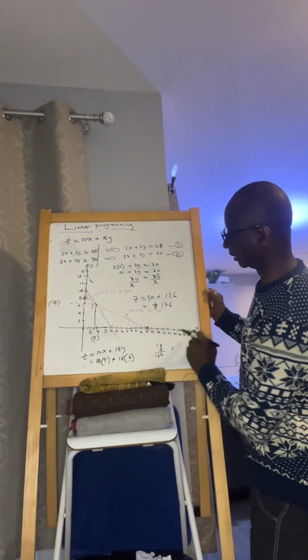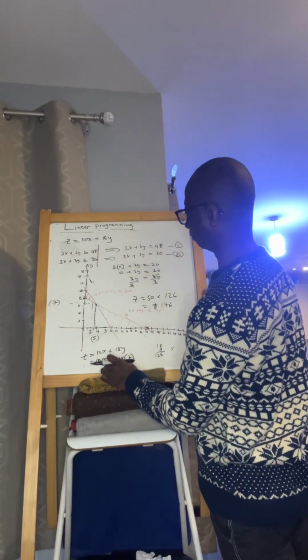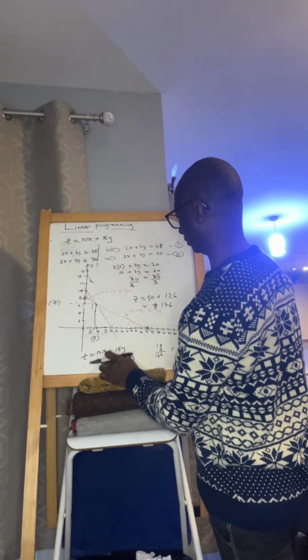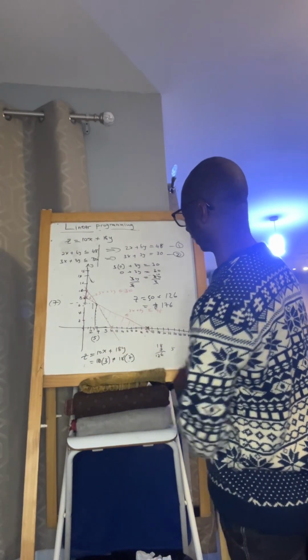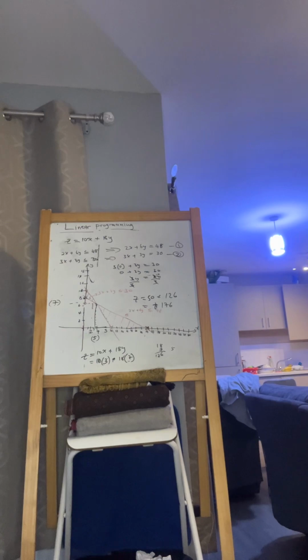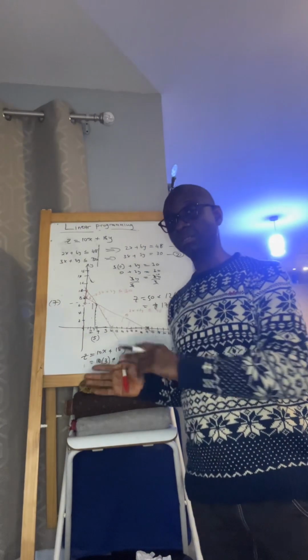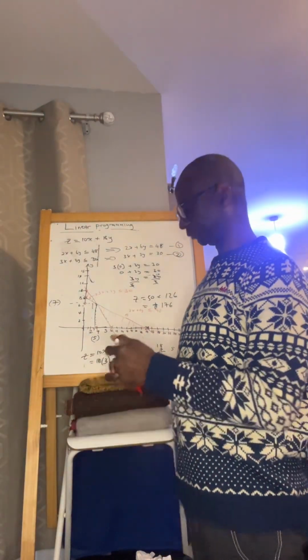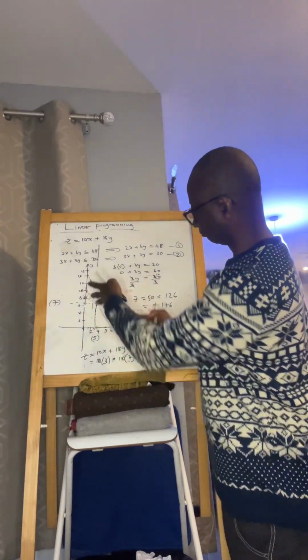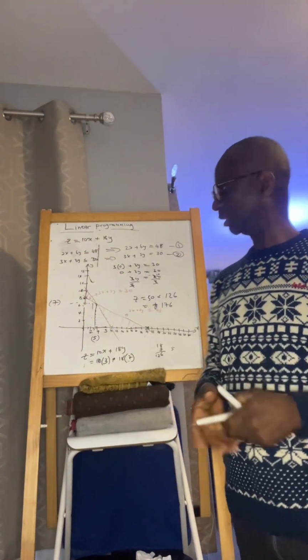So it should have been 10 times 3 plus 18 times 7. But the solution, the method, is correct. Yeah? Just because I don't have graph paper, something like that.